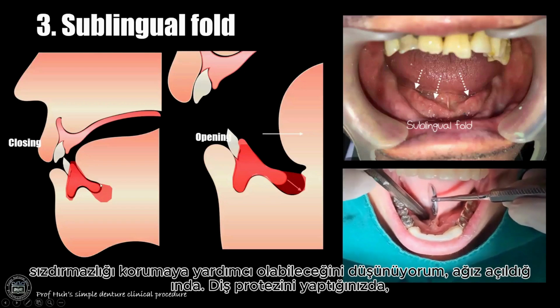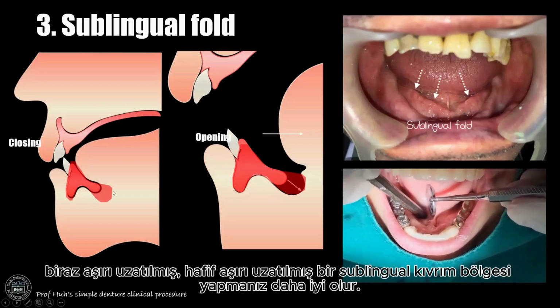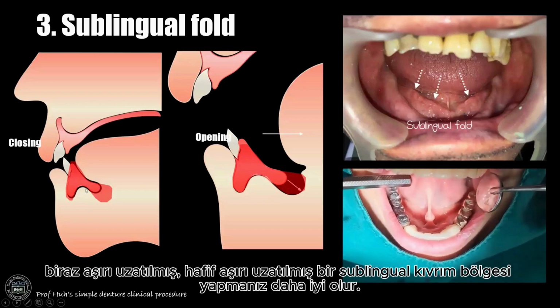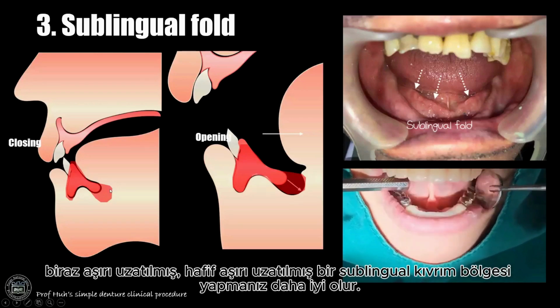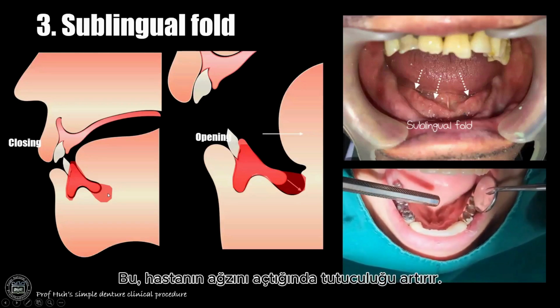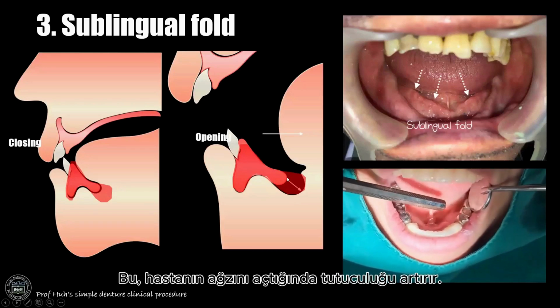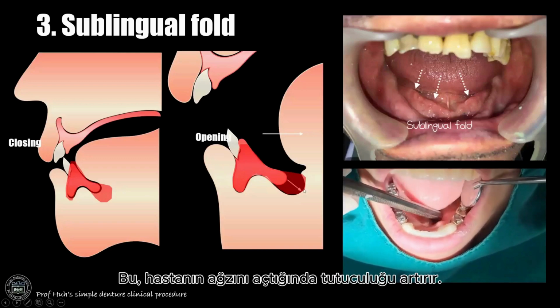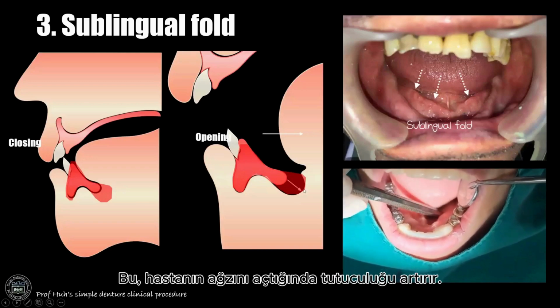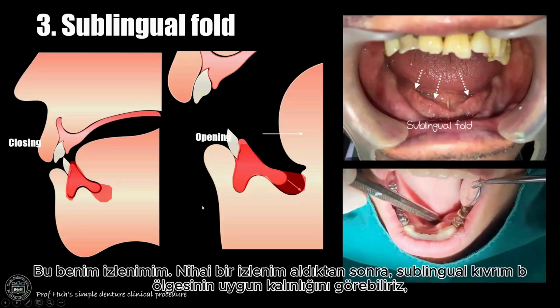When you make the denture, you had better make a slightly overextended sublingual fold area, which could improve the retention when the patient opens the mouth. Do you understand about this? Okay.